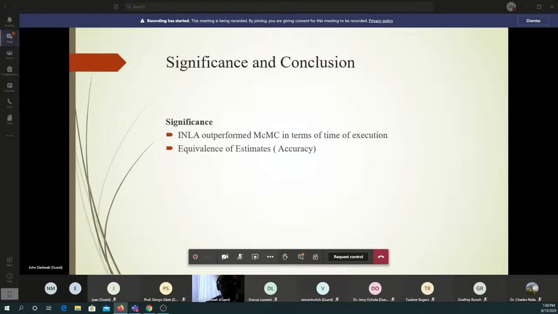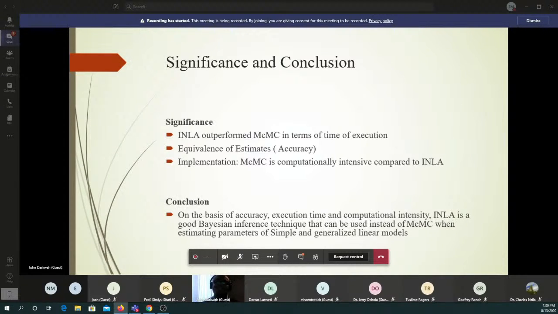Now, when you talk about the accuracy, we saw from the table of values that they were very equivalent. There was not much difference between the estimates from both techniques. And then we have also seen that MCMC was computationally burdensome compared to INLA.